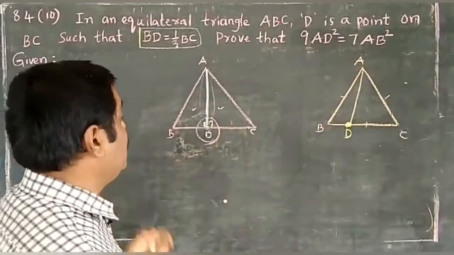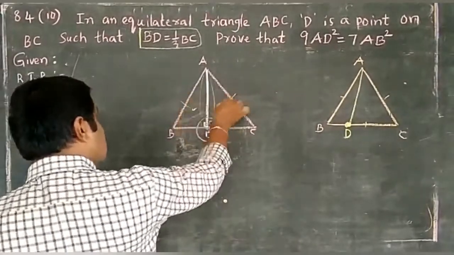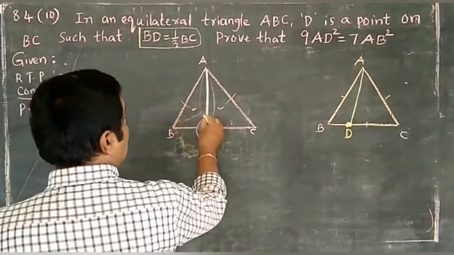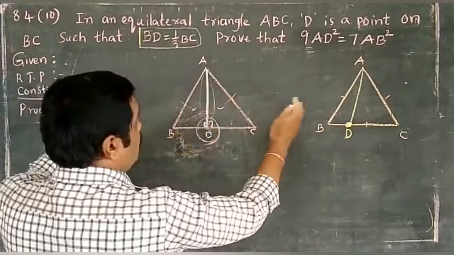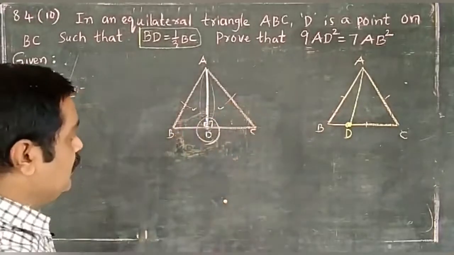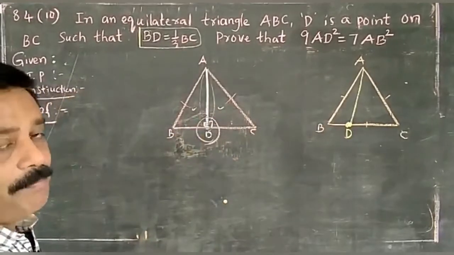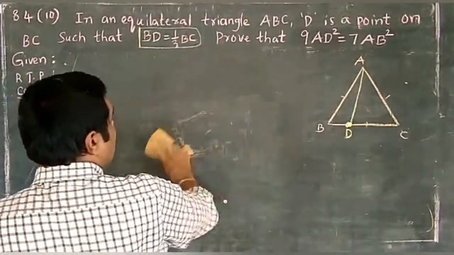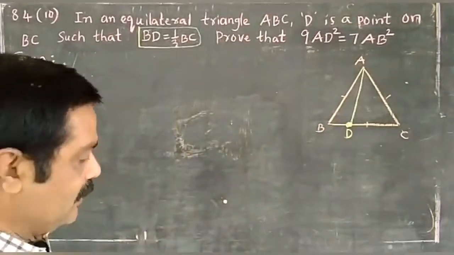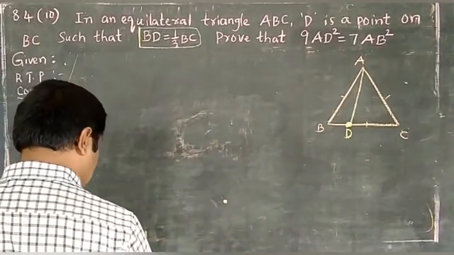And not only for an equilateral triangle, but also for an isosceles triangle, but the equal sides must be on both sides. It is valid for an equilateral triangle and an isosceles triangle. Remember this point.